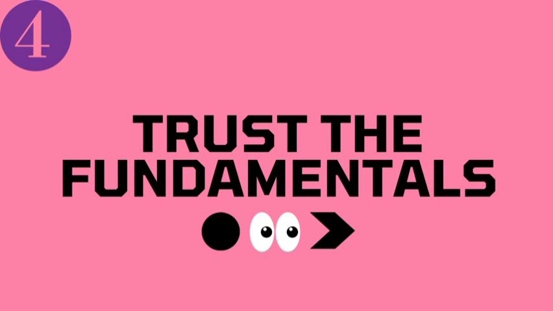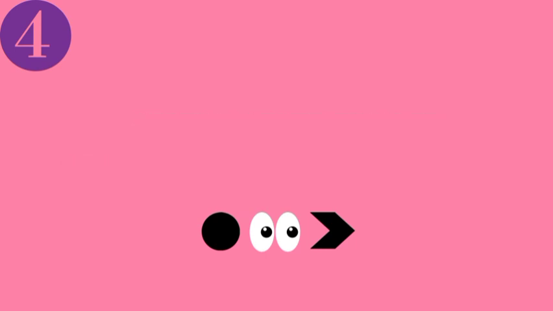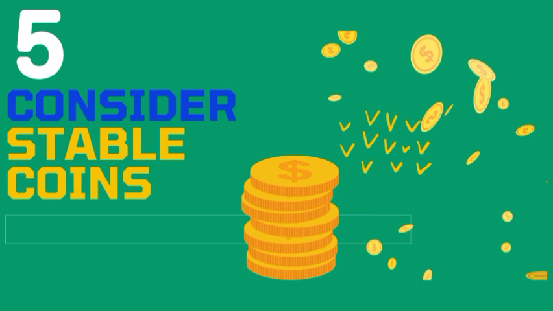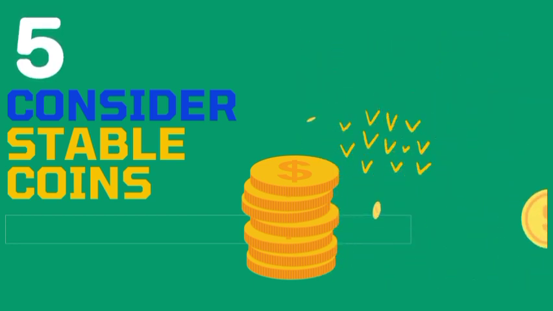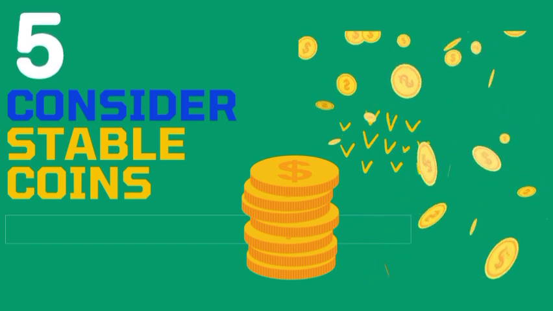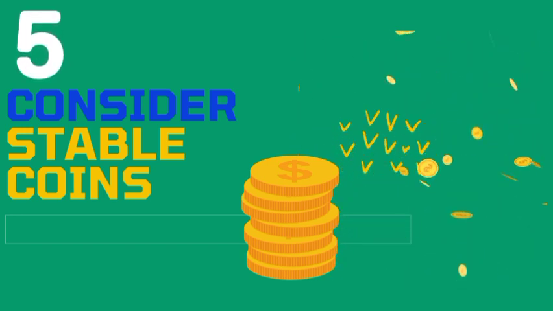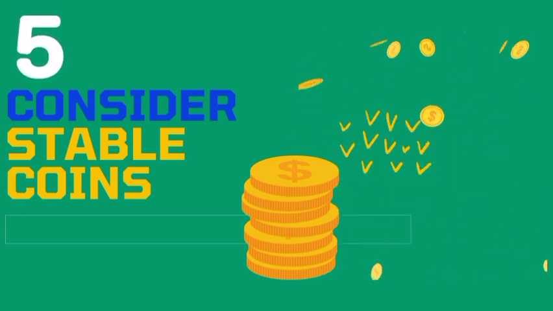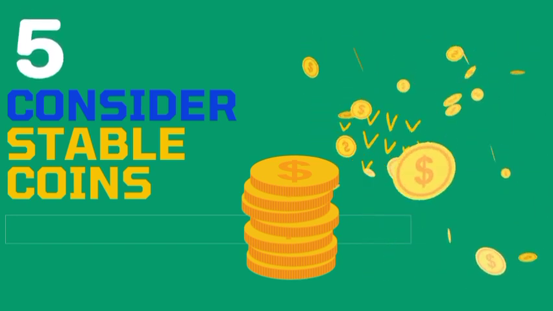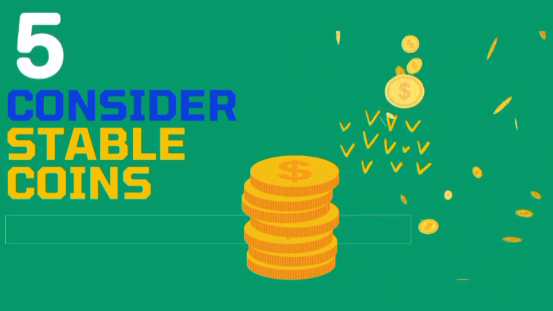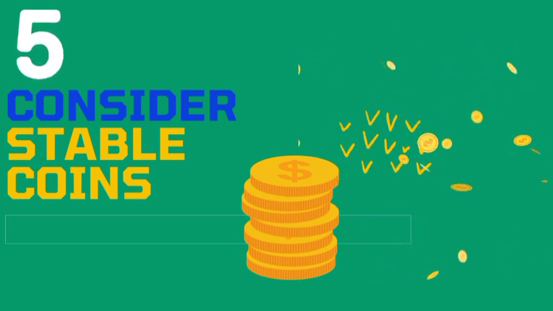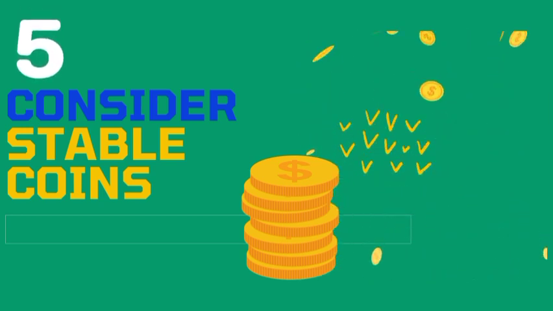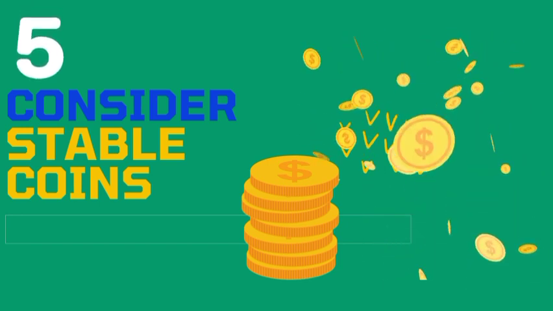All right, now let's jump into the next tip, which is consider stablecoins. Now guys, here is the fact. The majority of cryptocurrency traders will gauge their profit and losses in terms of their value in fiat, whether that is the value of the dollar or their local currencies. But the key thing here is to avoid potential losses during a bear market.